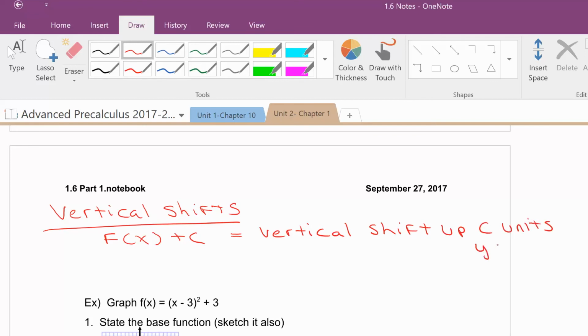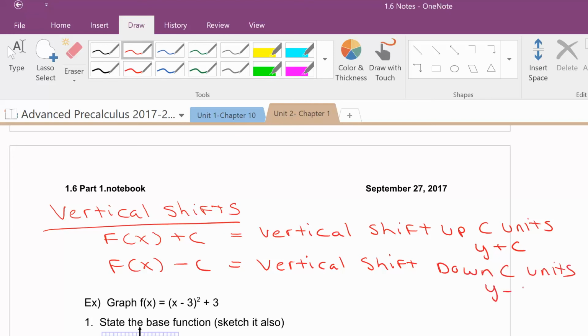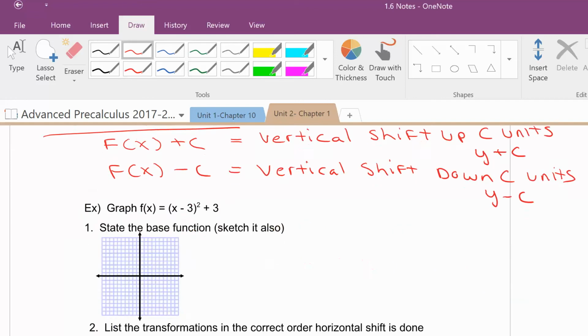So each y coordinate would be added to c. If it's f of x and then minus c, that's a vertical shift down c units. And that means you subtract c from each y coordinate.